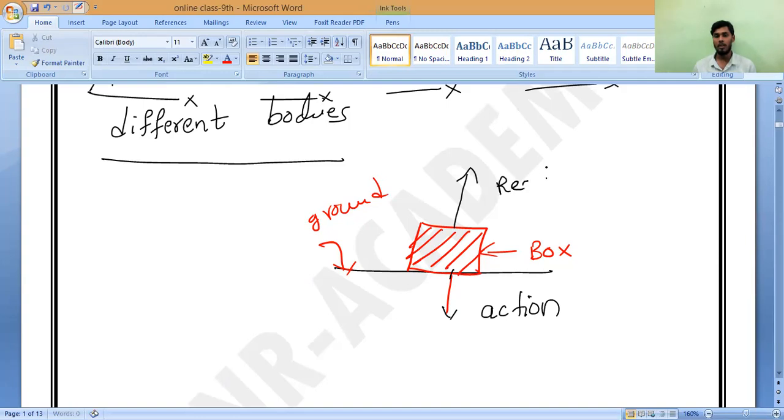That is what we call reaction. So this is called action and that is called reaction.